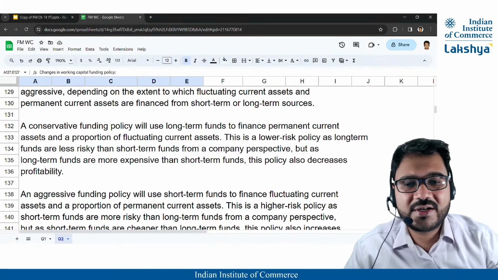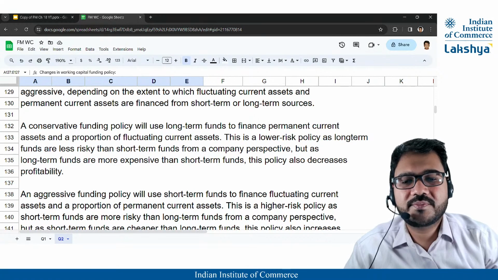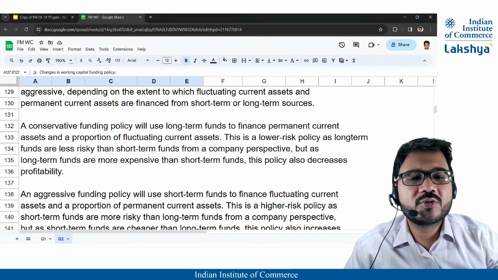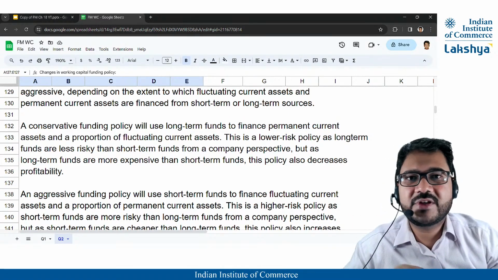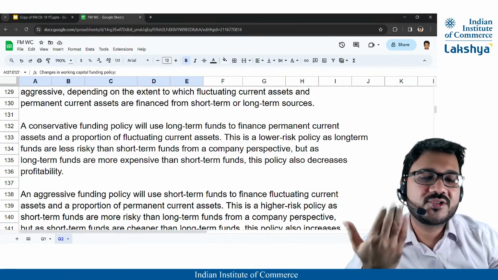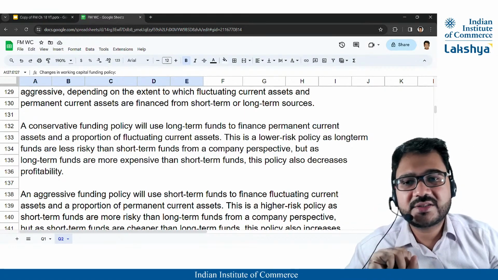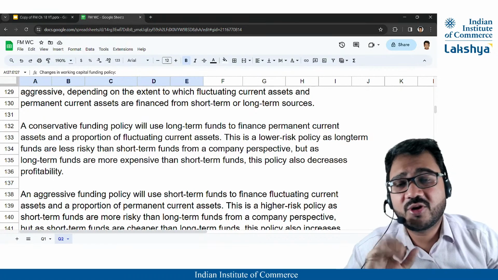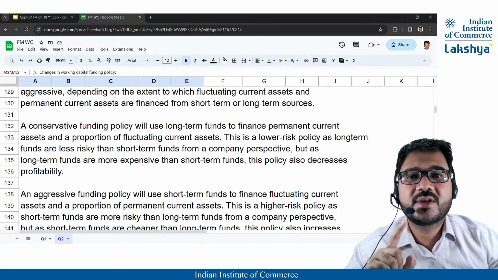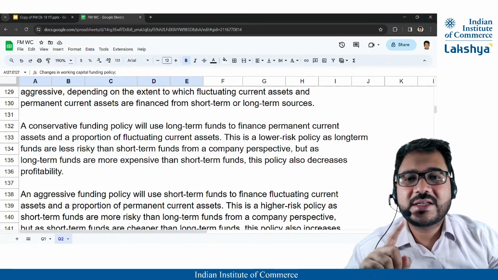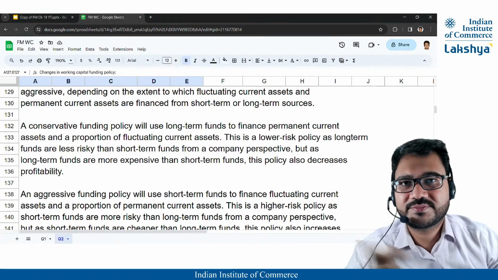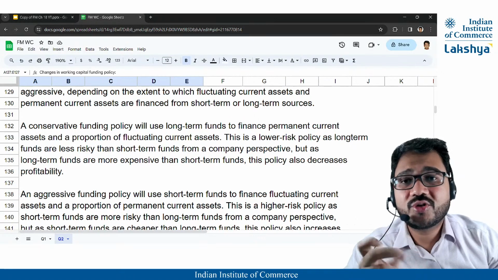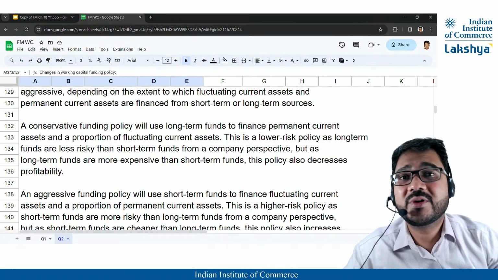Like, for example, you are funding your permanent current assets through something like payables. Now payables, your vendor has given you 10 days, say 30 days. Let's be a little more realistic. So your vendor has provided 30 days credit and you have provided 30 days credit to your customer. Now, if your customer defaults, you still have to pay your supplier, right? So you will have a liquidity issue.